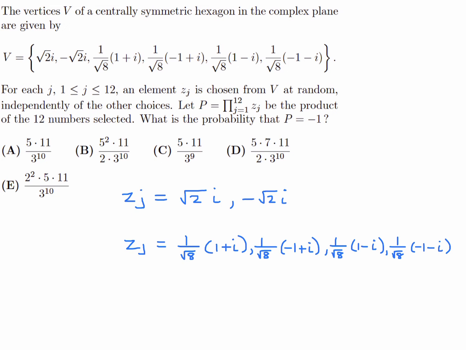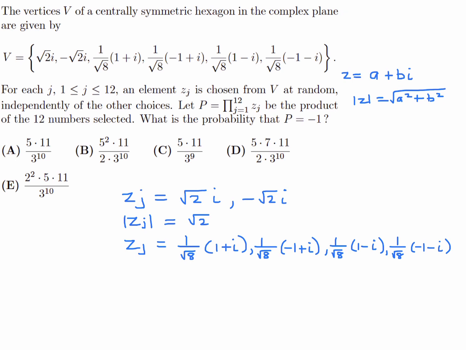So, at this point, we have to talk about this in terms of the magnitude. Now, if you remember, for any complex number a plus bi, if this is z, then the magnitude is the square root of a squared plus b squared. So if you took the magnitude of this or this, it gives you root 2.